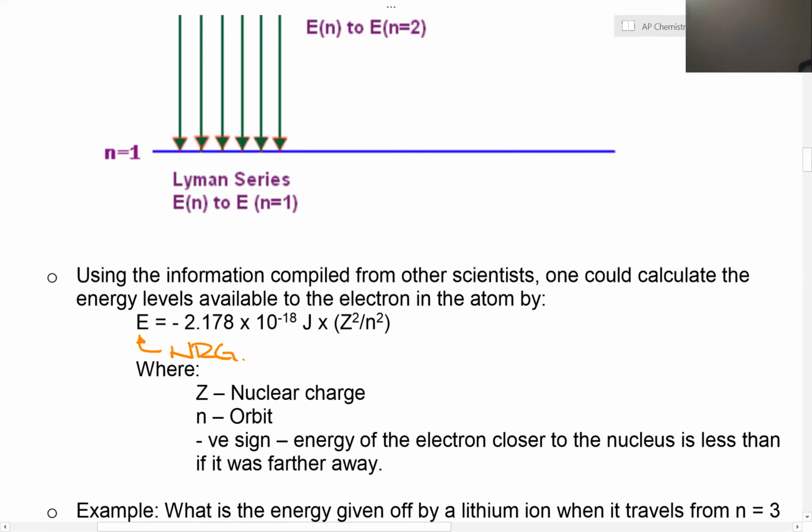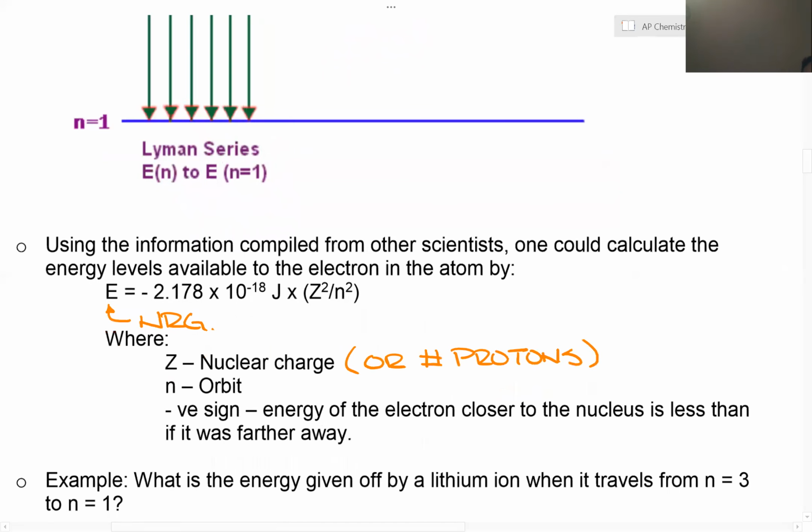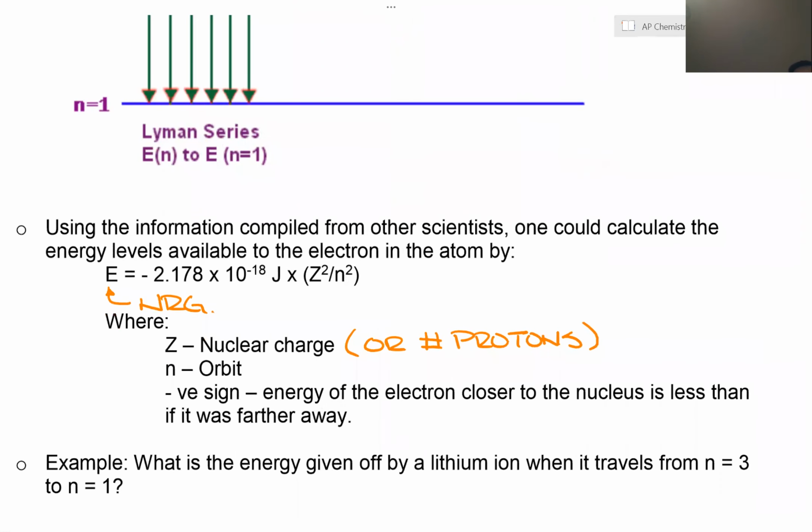Z is the nuclear charge, or the number of protons. And n is the particular orbit. Now, notice it's negative 2.178. And the negative sign is because the energy of the electron closer to the nucleus is less than if it was farther away.